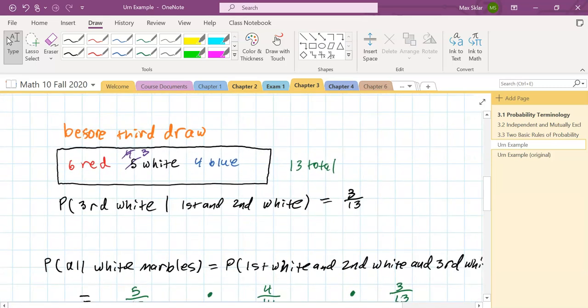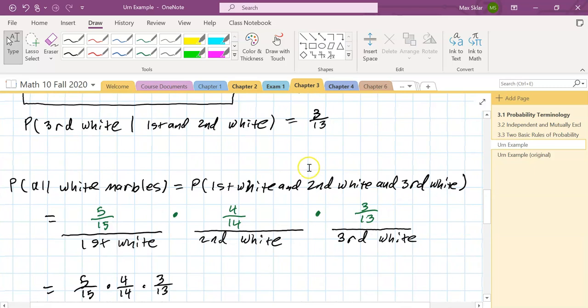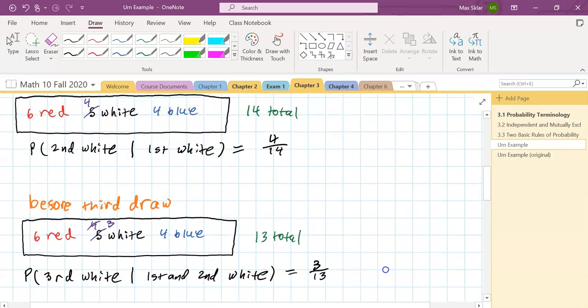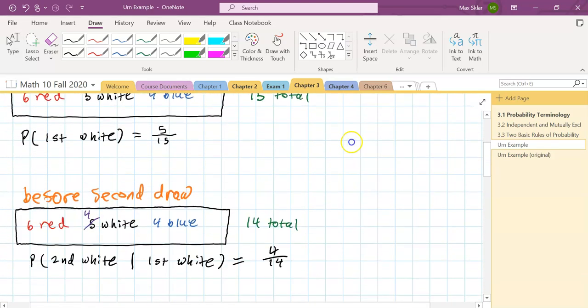So what is the probability that all the marbles are white? I want the probability that the first marble is white, and the second marble is white, and the third marble is white. So, the probability that all marbles are white is 5 out of 15 times 4 out of 14 times 3 out of 13. I'm just multiplying the conditional probabilities that we got previously.